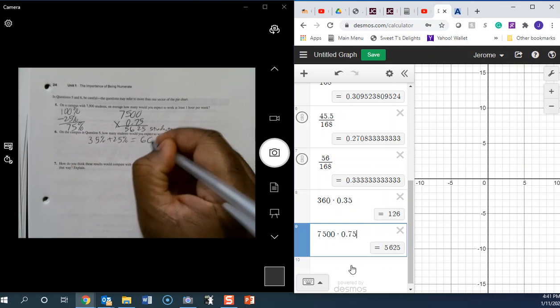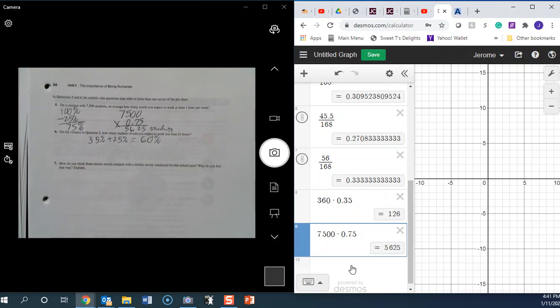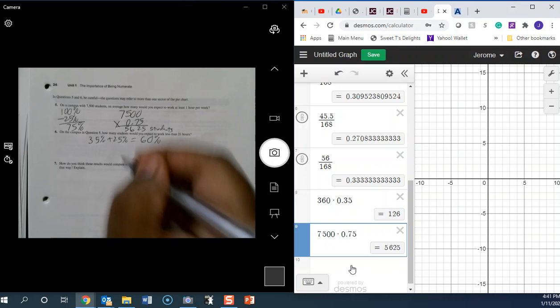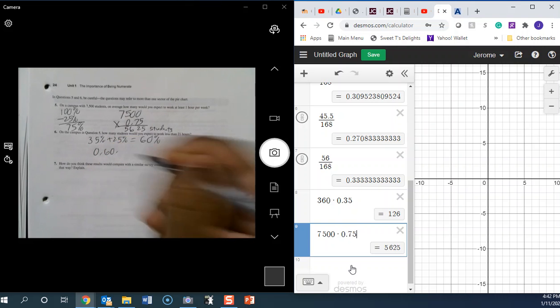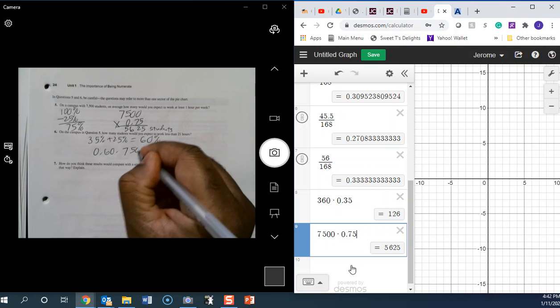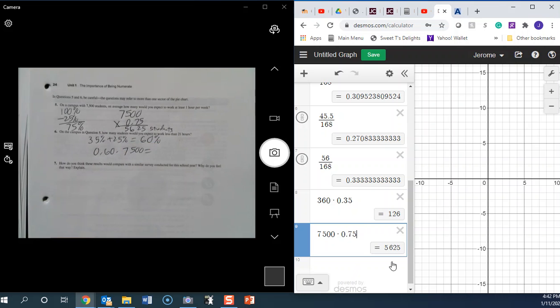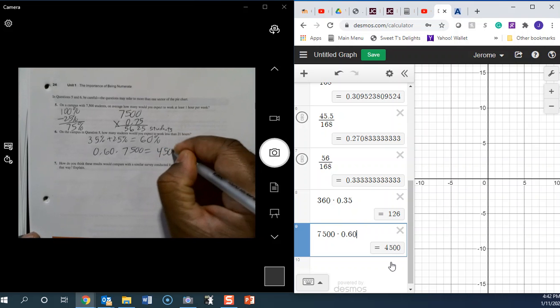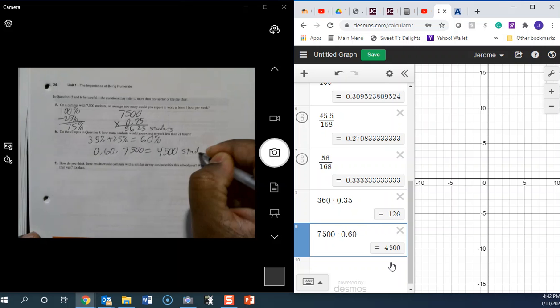So that means it's 60% that works less than 21 hours. So we would take our 0.60 and multiply by the 7,500. And that would give us 4,500 students.